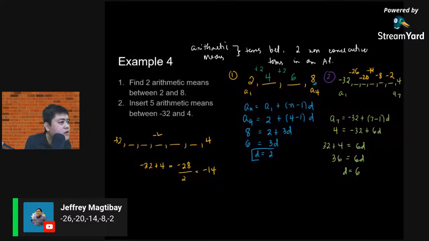Tama ba? 5 pala to, no? Negative 14. Tapos, magpo-formula pala tayo doon sa isa. Di pala, sorry. Mas makakalito. So, negative 20, negative 26. Burahin nyo yung isa kong sinabi.